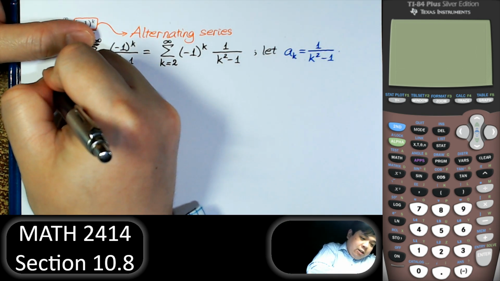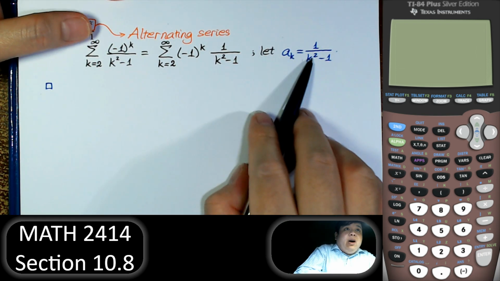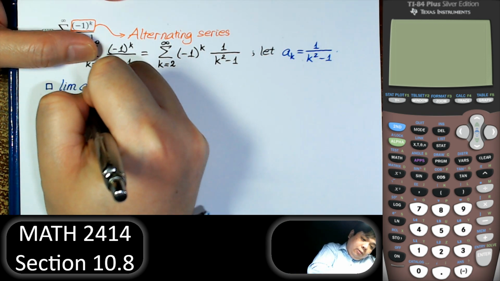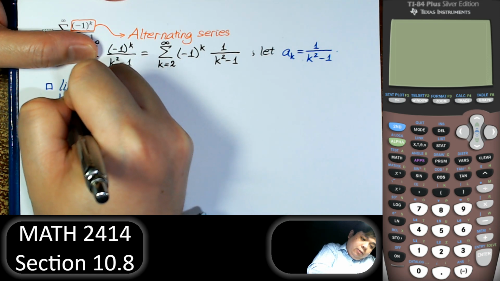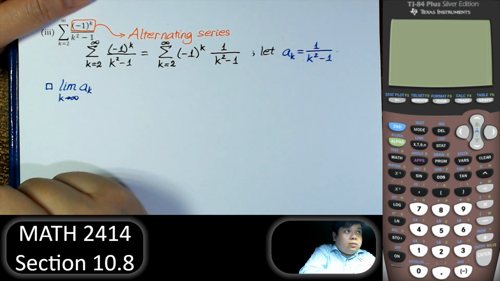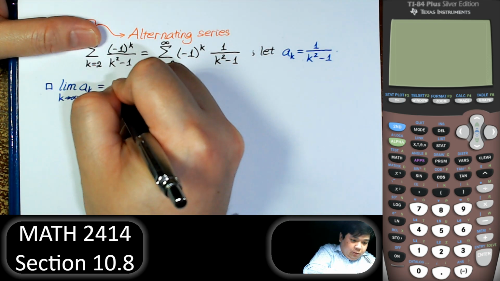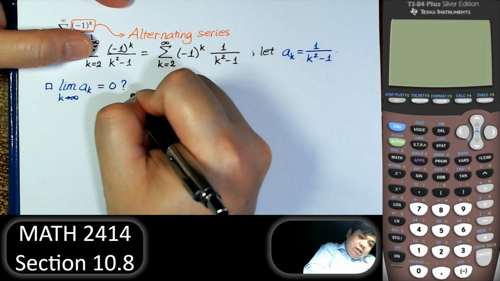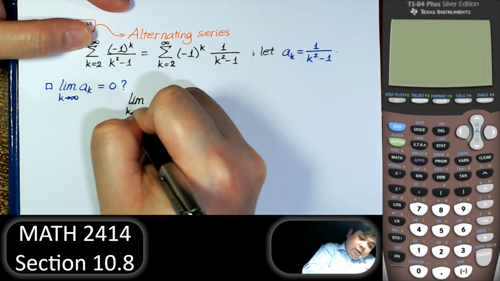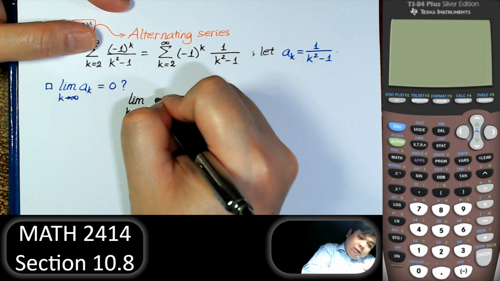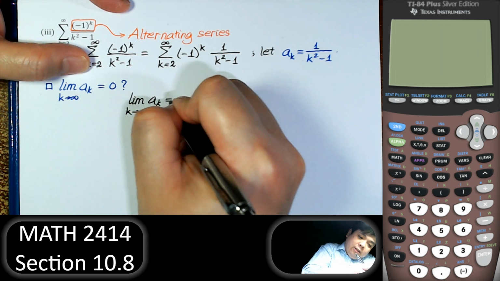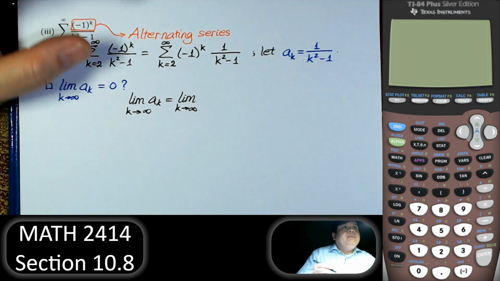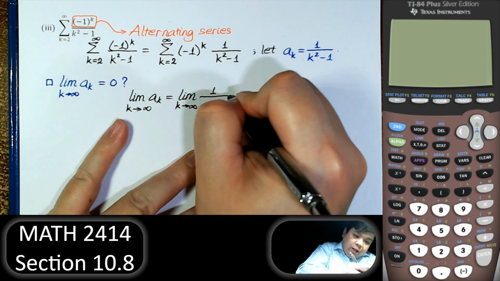First, does that go to 0? So we take the limit of h of k, and we have 1 over k squared minus 1.